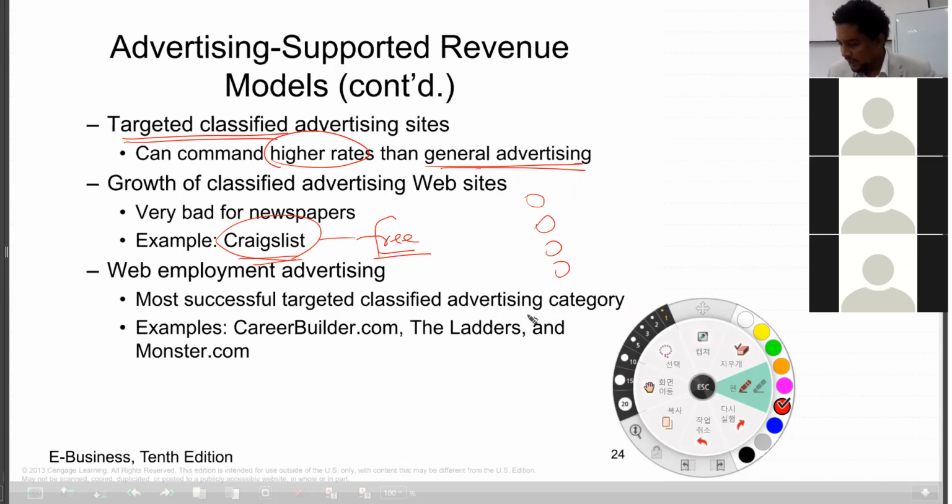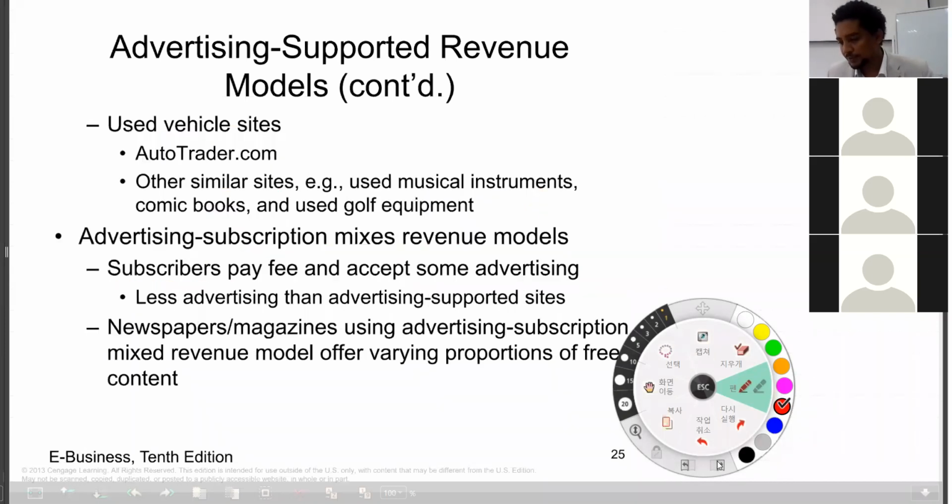But there are the most classified advertising sites, like web employment, where people who are searching for jobs go. For example, if somebody types mechanical engineer, looking for jobs related to mechanical engineering, then you can advertise products related to mechanical engineering, or you can advertise jobs related to mechanical engineering. That's more specific.